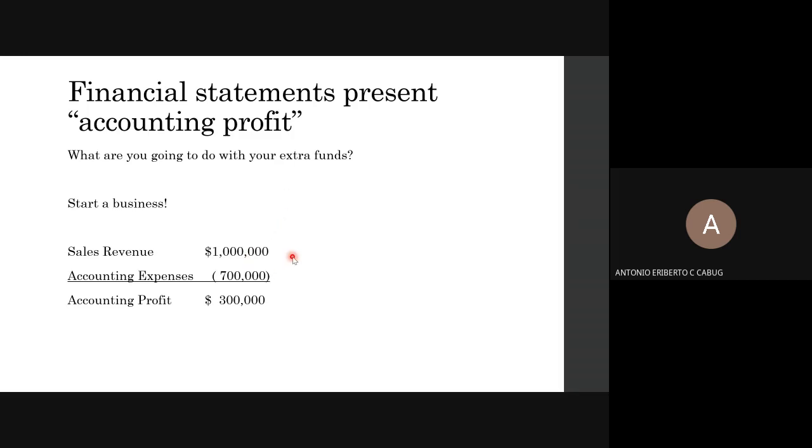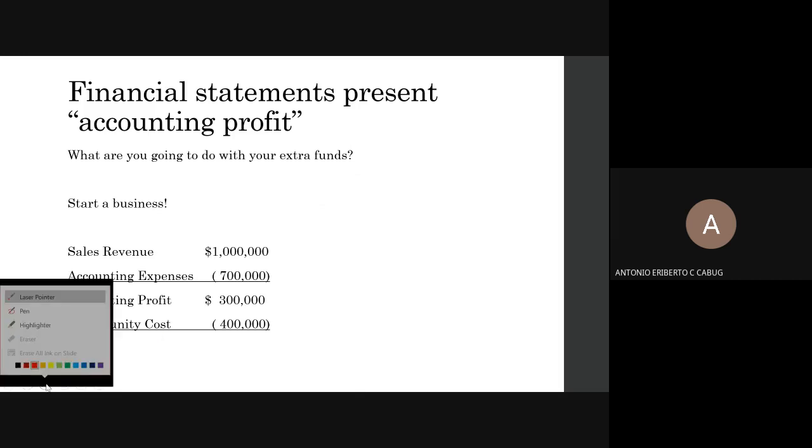So let us say that instead of running a business, you would work and put your funds in a mutual fund that would earn returns. Let's say you would have earned 400,000. We call that opportunity cost.